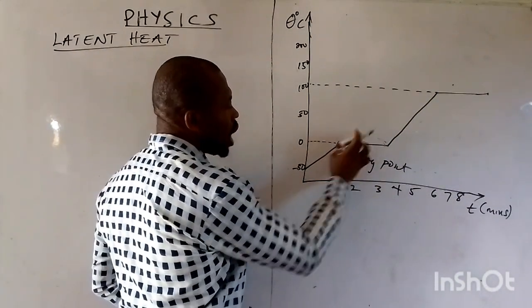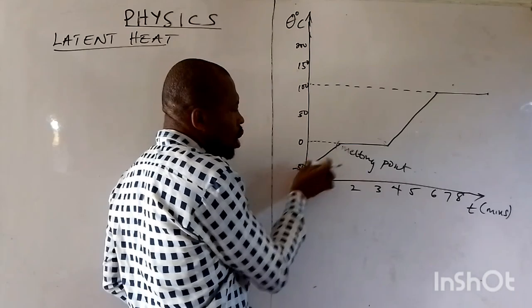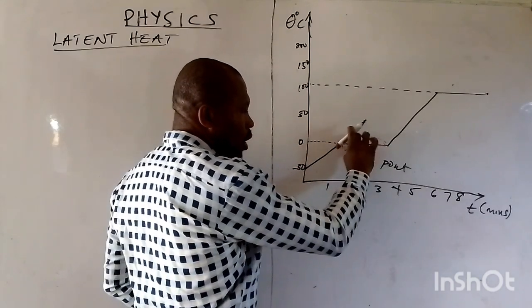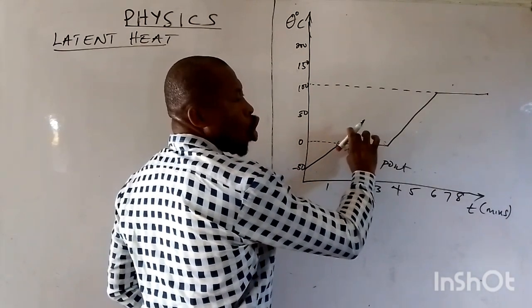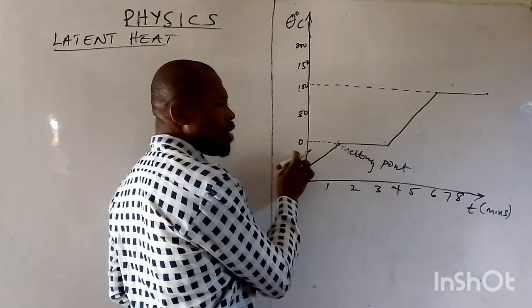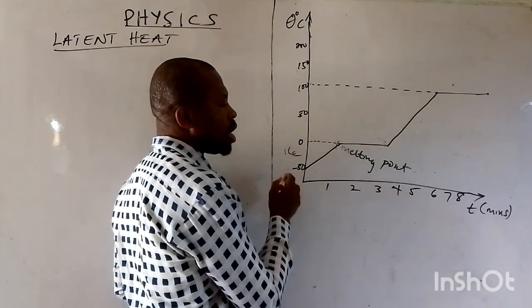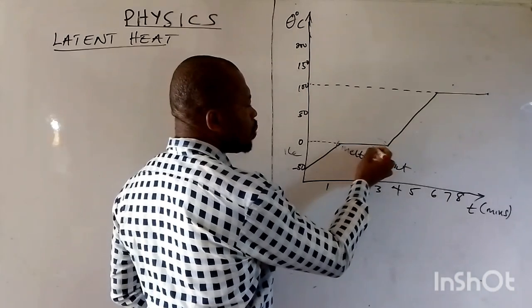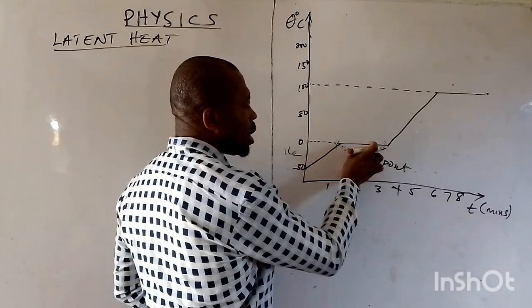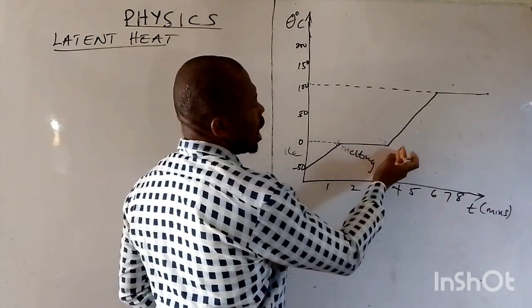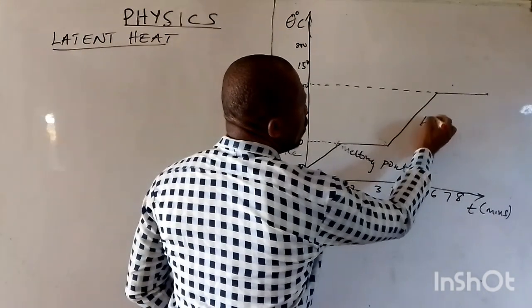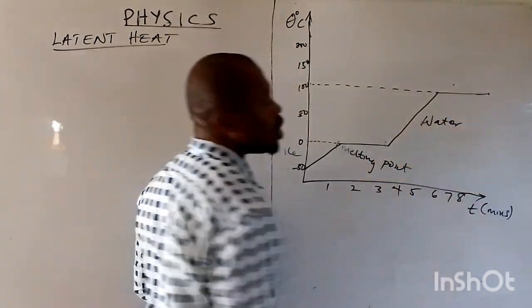Now, this is a change of state. The change of state occurs between here and here. At this point we have ice. Now, at this point, this ice completely melts to water. Here we have water.